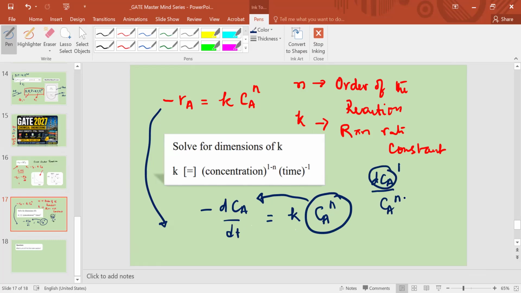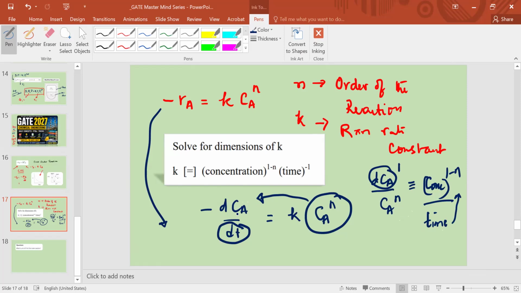So this is concentration power 1, concentration power 1 minus n, so this becomes concentration power 1 minus n. Obviously, you have dt in the denominator, so this is divided by time, and this denominator time goes up and becomes time inverse.